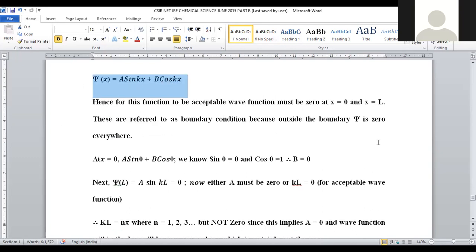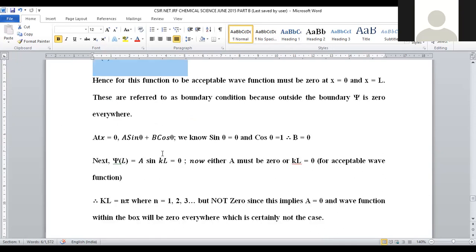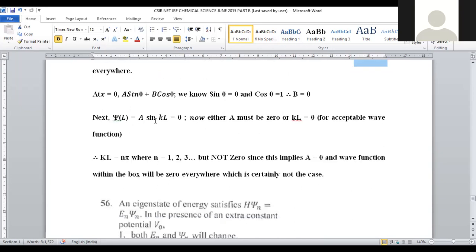So when we take x equal to 0 and x equal to L, two dimensions we are taking, then psi will become 0. Here x equal to 0, then a sin 0 plus b cos 0. Sin 0 is 0, cos 0 is 1.